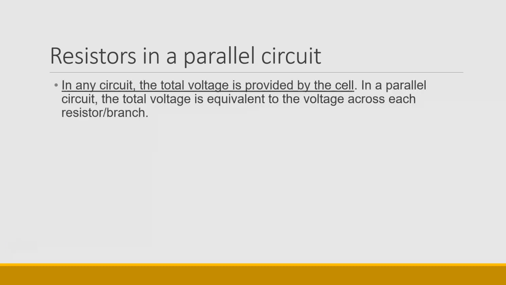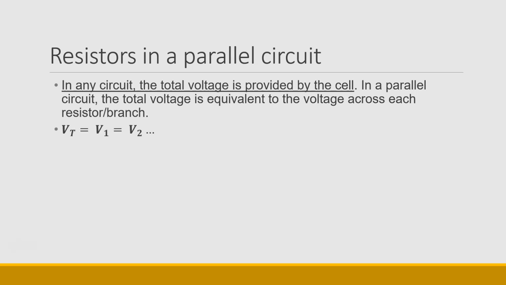In any circuit, the total voltage is provided by the cell. Now, in a parallel circuit, the total voltage is equal to the voltage across each branch. Now, in grade 10, we generally look at problems where there's only one resistor on a parallel branch. And in grade 11, we look at more than one resistor on a parallel branch.